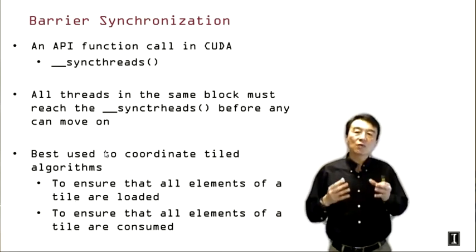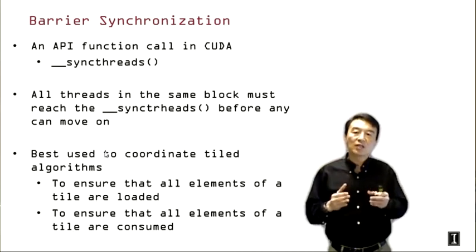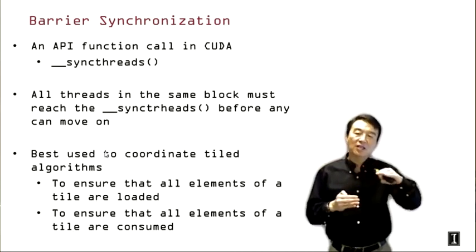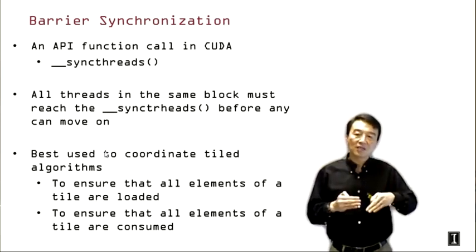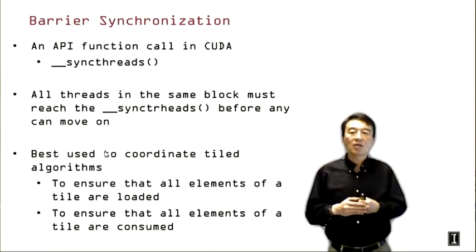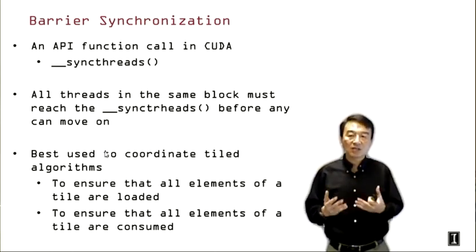And this requires coordination. Something has to make sure that all the activities have ended in the previous phase before you can start the next phase. And this is accomplished in parallel computing with barrier synchronization.